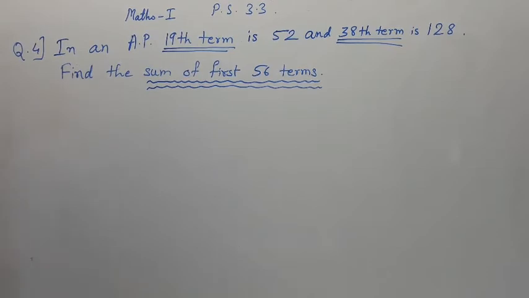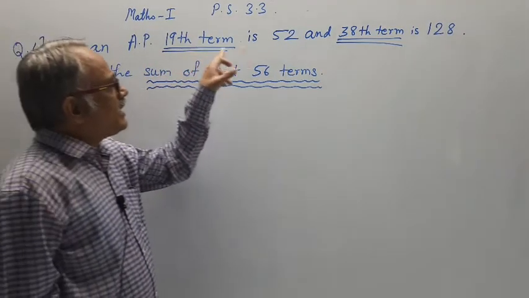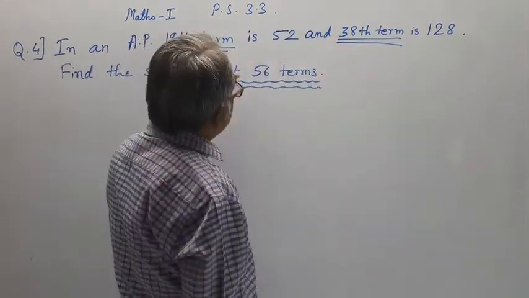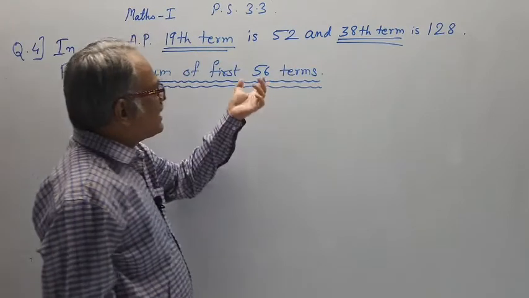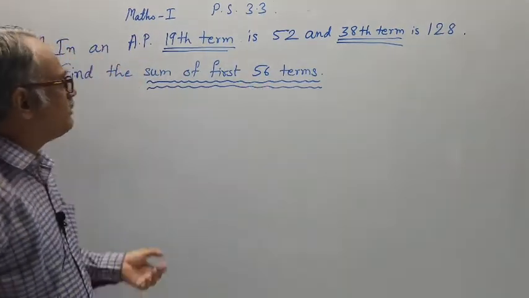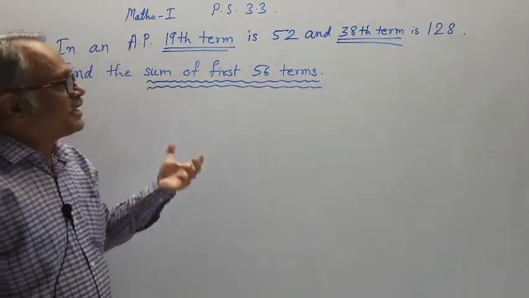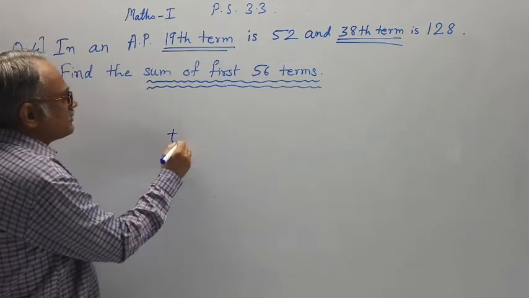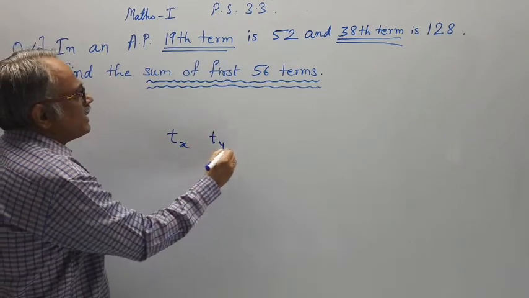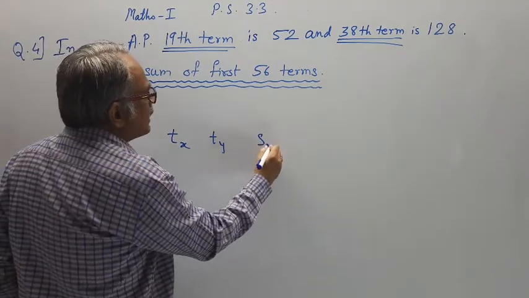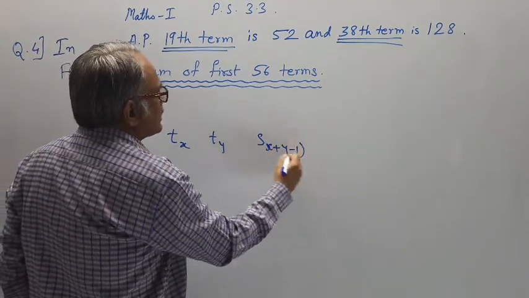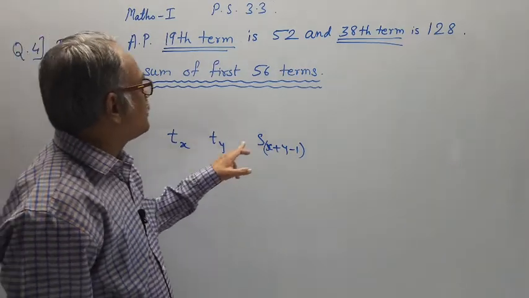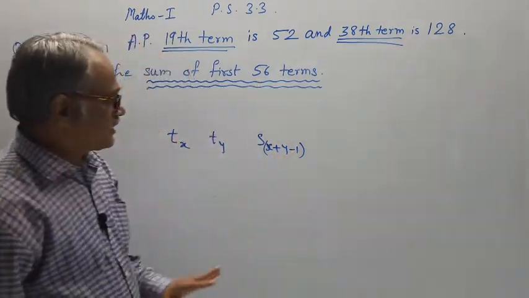Then what to do? Whenever T19, T38 is given, 19 and 38 is 57, and it is just 1 less than 57. Yes, 56. When 2 terms are given, suppose Tx and Ty are given, and the sum of x plus y minus 1 terms is asked. Total of 19 and 38 is 57, minus 1, 56.